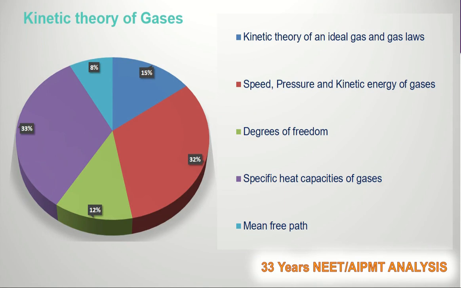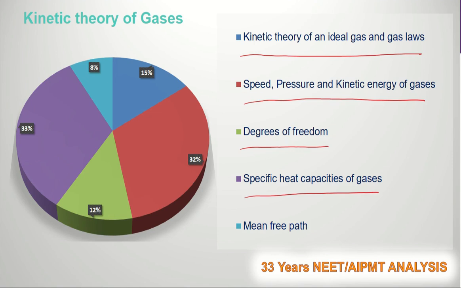So if you see the kinetic theory of gases unit, we have a total of 5 subdivisions. The first one is kinetic theory of an ideal gas and gas laws. Second one is speed, pressure, and kinetic energy of gases. Third, degrees of freedom. Fourth one is specific heat capacities of gases. And fifth one is mean free path.